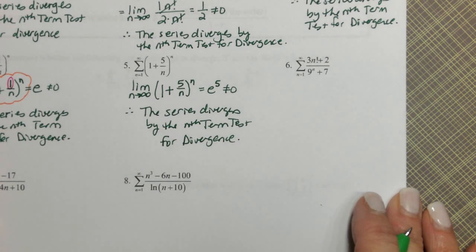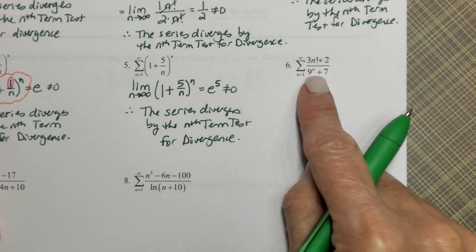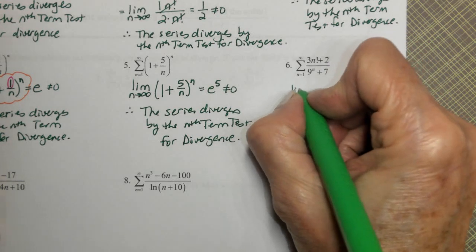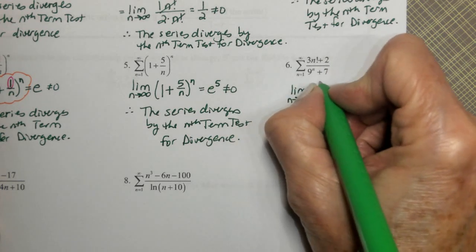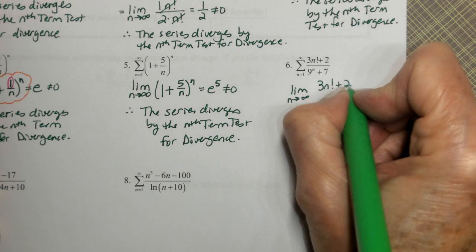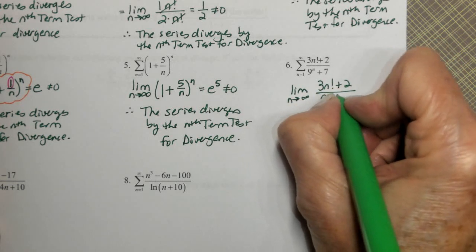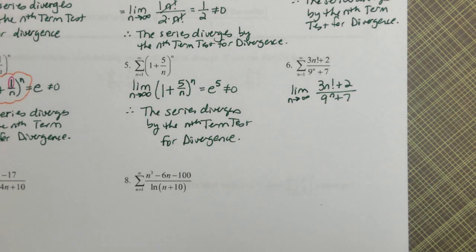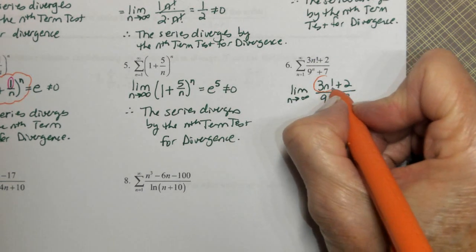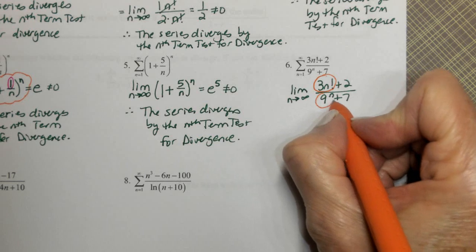Okay. Next up, limit as n goes to infinity of 3n factorial plus 2 over 9 to the n plus 7. What is the highest powered term on top? What is the highest powered term on the bottom?